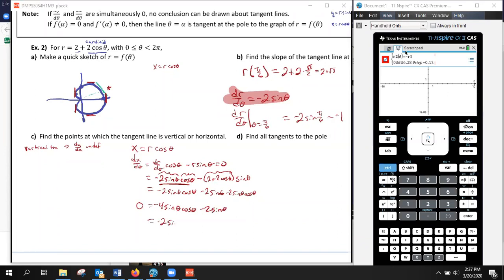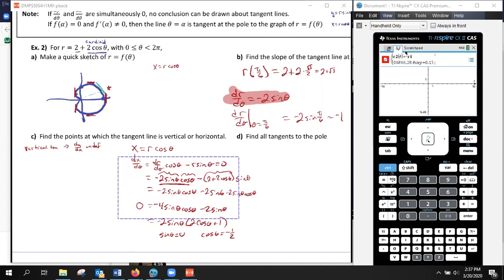And for the person who is saying, hey, let's factor, that's 2 sine θ times 2 cosine θ plus 1. So basically, where sine of θ equals 0 and where cosine of θ equals -1/2 is where we're going to have our vertical tangents.